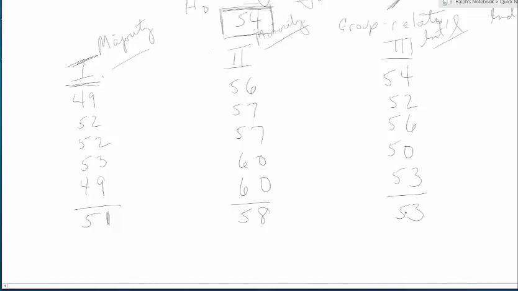Now, on the surface, this looks kind of different. Well, there's a bigger difference between the 51 and the 54. That's 3 units of difference. So they're on the south side of this 54, and then the 58 is 4 units more, and then the 53 is kind of in the middle towards the bottom.